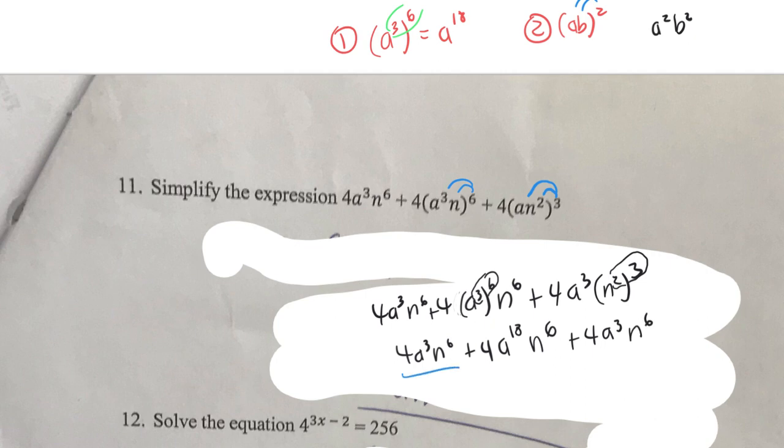Now it's the case that these happen to be like terms because the exponent hovering above the a is the same, and the exponent hovering above the n is the same. So that means that part can combine, which means we could say 8a to the 3rd, n to the 6th, and then we still have that plus 4a to the 18th, n to the 6th. Okay, so that's that.